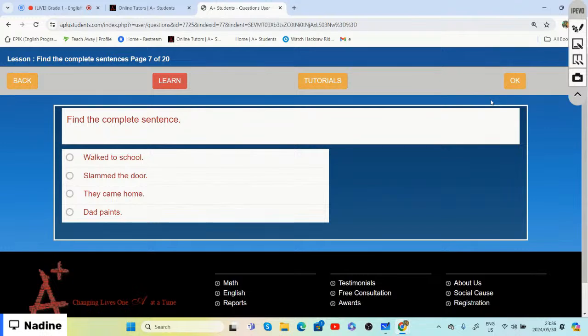All right, so if we were to look at any of these options, right, we need to find a complete sentence. It says walked to school, slammed the door, they came home, or dad paints.